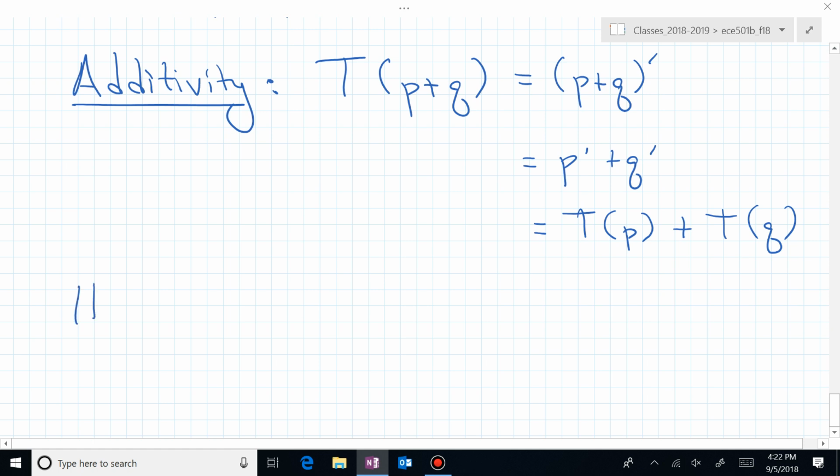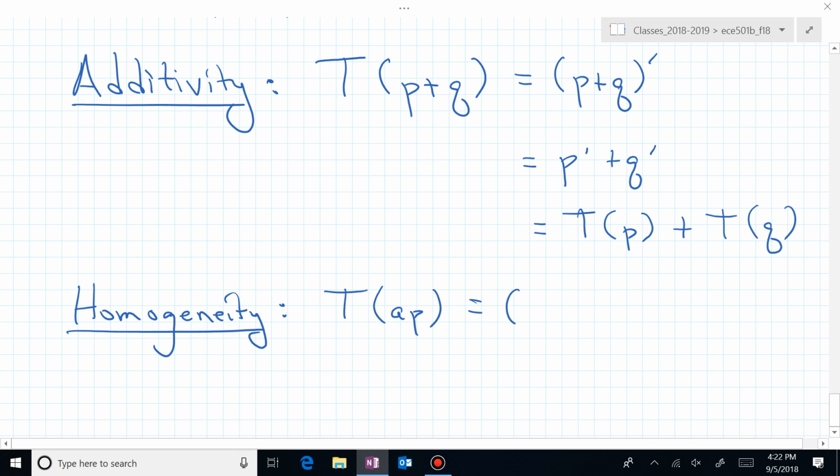What about homogeneity? Now if we scale the polynomial by a scalar, what's that scalar look like relative to x? It's a constant.